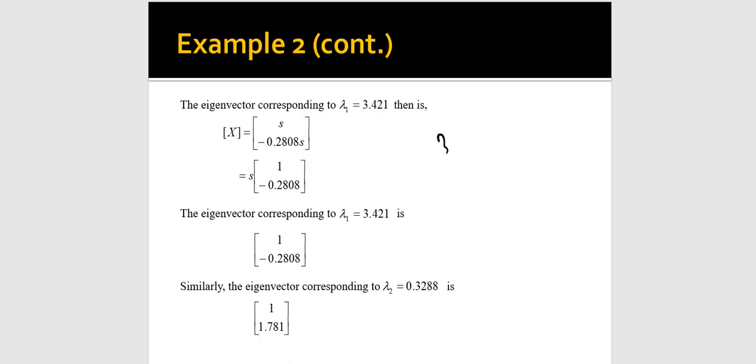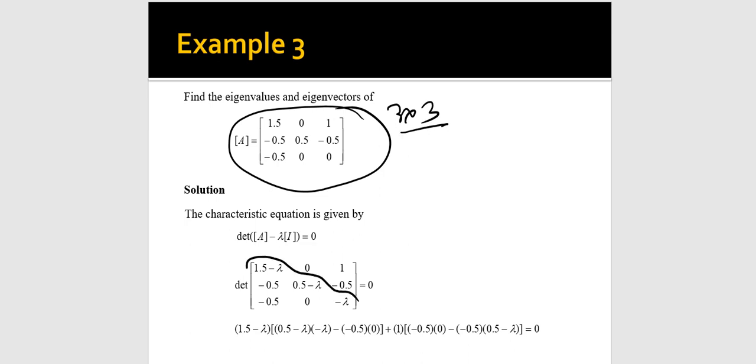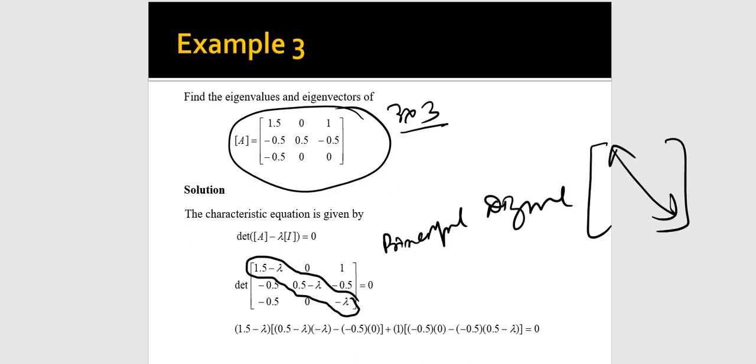This is also applicable for 3 cross 3 and 4 cross 4, but this method is only applicable for a square matrix. Now it's a 3 cross 3. Remember that the lambda is subtracted only on the principal diagonal, which runs from left to right, this one, not this one.